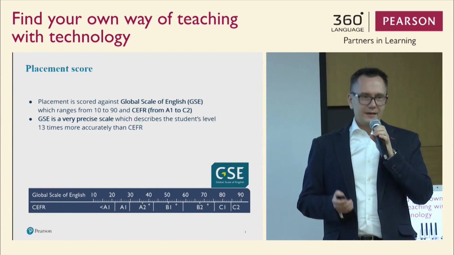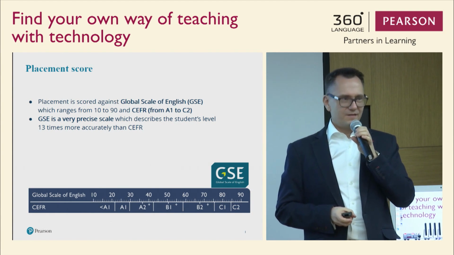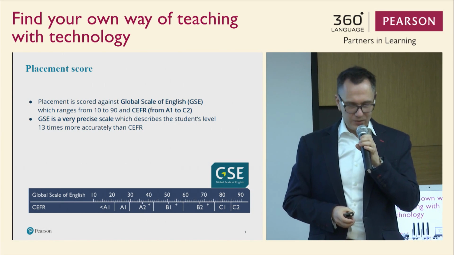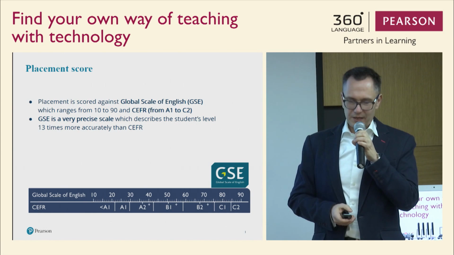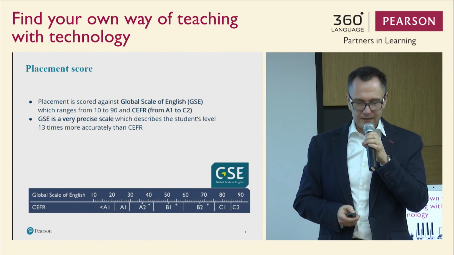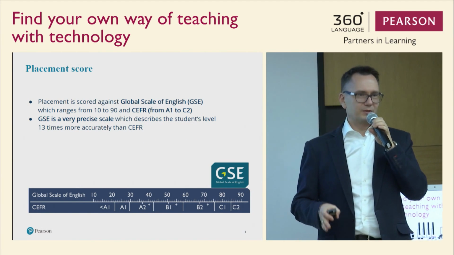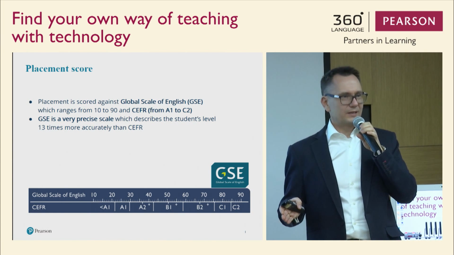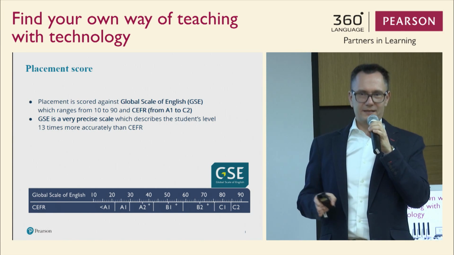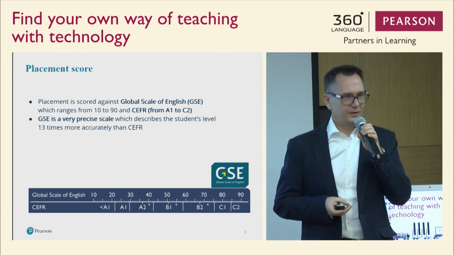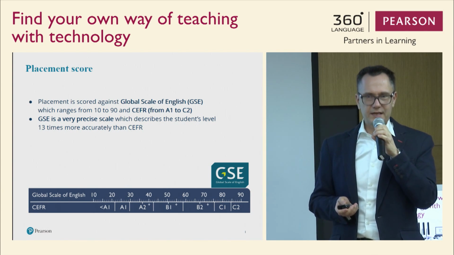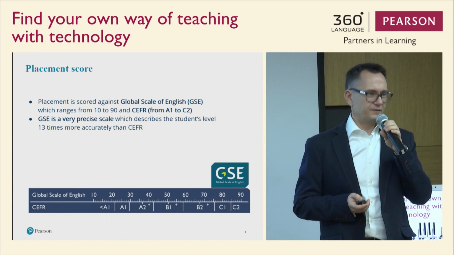Now, another thing which you may find very interesting is the way we actually present the results. Because if you want to present the results, you can do it in a couple of ways, of course. But we invented a very precise numerical scale, which is called Global Scale of English, or GSE for short.